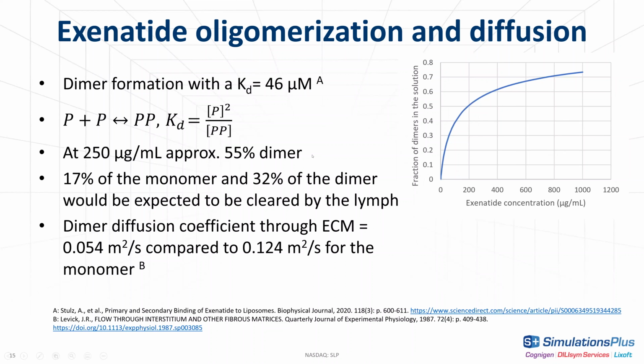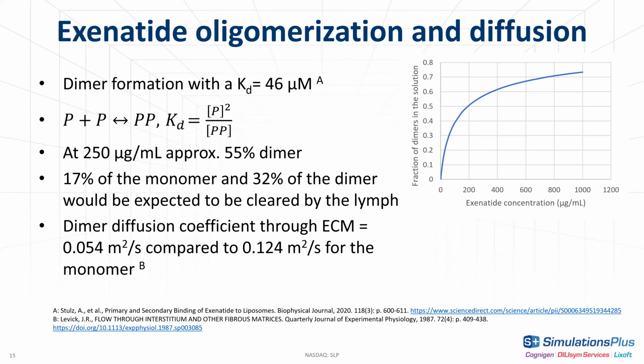And if you look at the size difference between the monomer and the dimer, about 17% of the monomer is expected to be cleared by the lymph. But for the dimer, this goes up to 32%. So there is an element of diffusion, which will be slower for the dimer, but also a source of clearance. And when I say clearance, I mean absorption pathway, which will be driven by the lymph convection towards the lymph system.